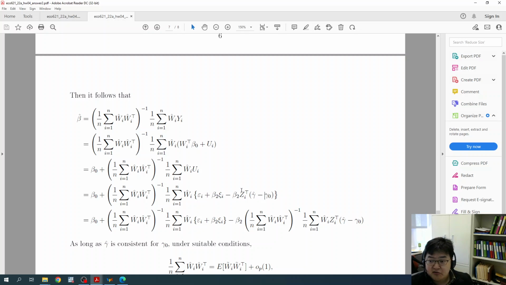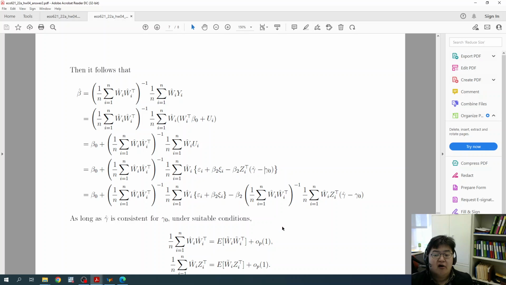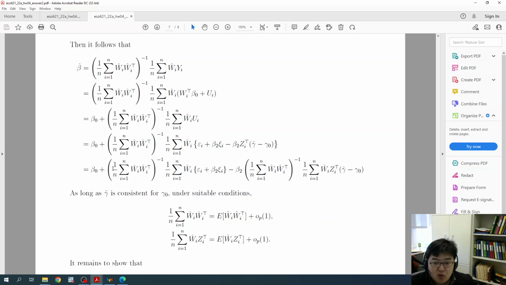This additional error term can be written in this way, and again, under suitable conditions, we know this converges, this converges, and this converges.